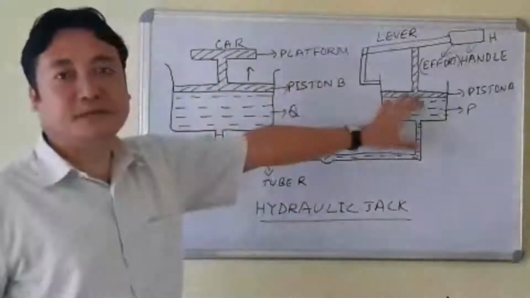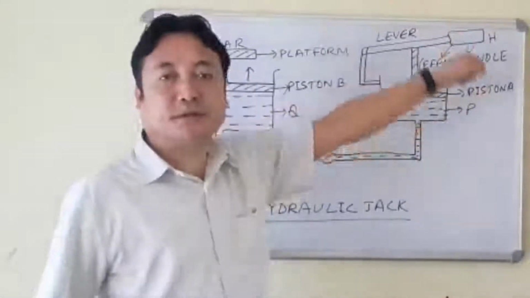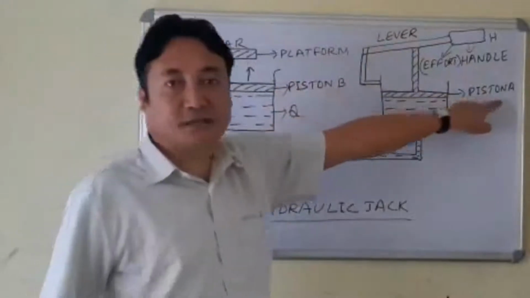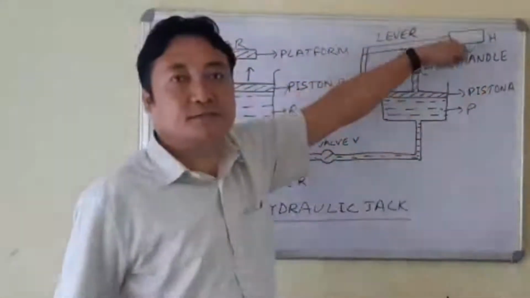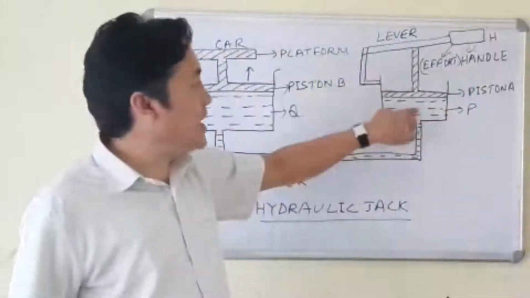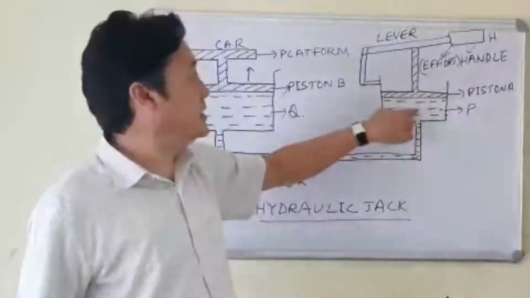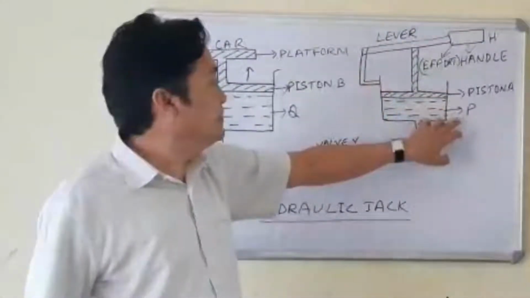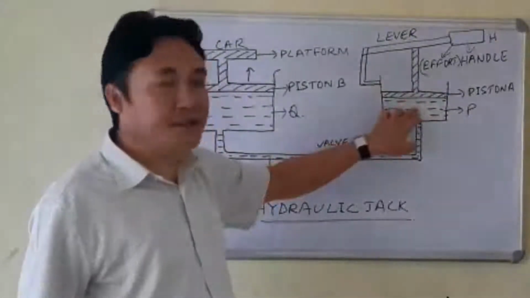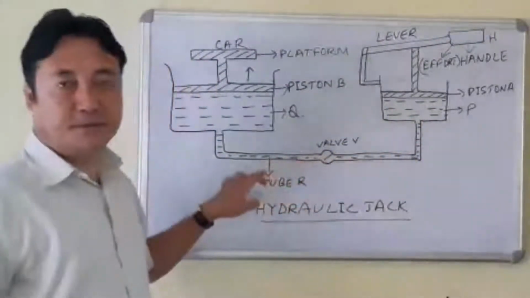Once it is filled with water, now by applying a force or effort on the handle, the lever, since this lever is joined with the piston A, when this handle is pressed down, pressure is created on this narrow vessel P. Due to the pressure exerted on vessel P, the water moves from vessel P and passes through the connecting tube.